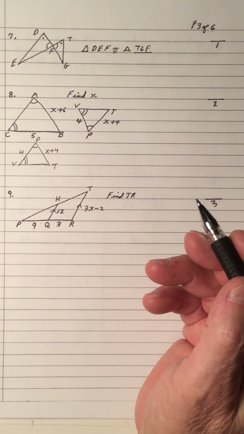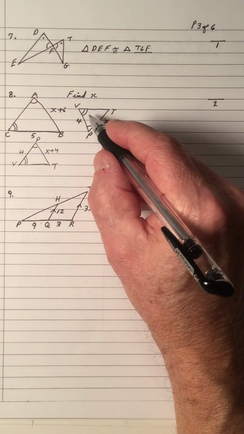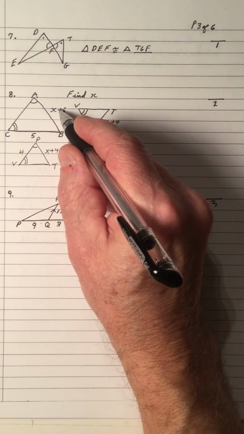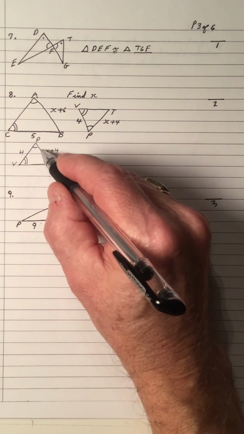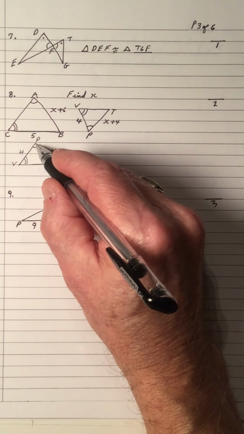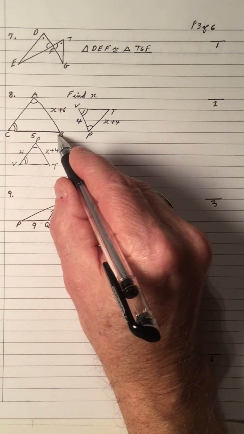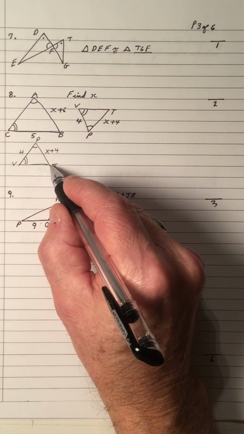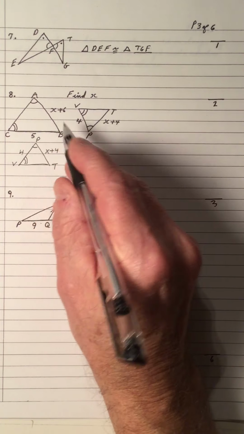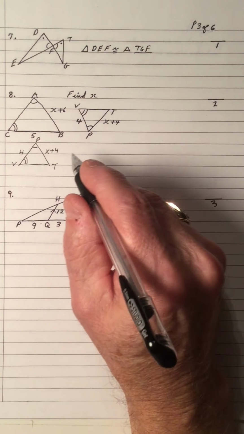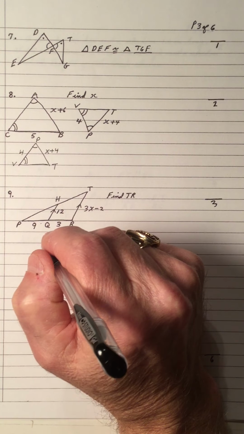We can't find X. It should have been PT. Should have been 4 if I want, because I have AB going with PT, and I have CB going with VT. So I needed a 4 to go here. So as it is, I can't work it out. This is impossible to do.